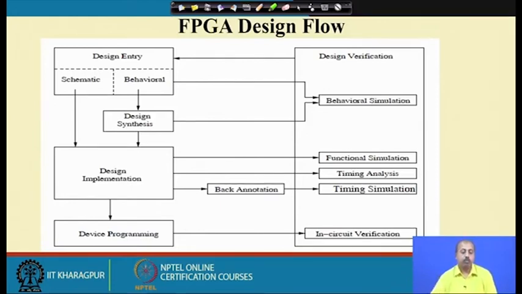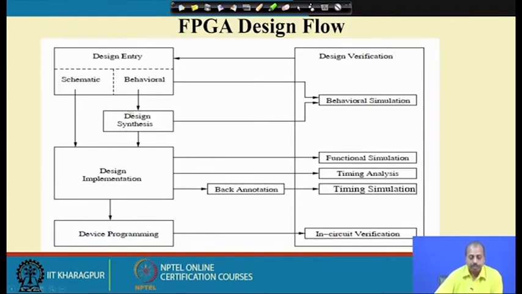Normally for smaller designs, and if we are looking for an optimized design, we go for this schematic based strategy, so that the overall control is in the hand of the designer. Or we can have this behavioral entry. Behavioral entry is normally used for more complex systems, where it is difficult to draw the circuit directly. So, we go for this behavioral design.